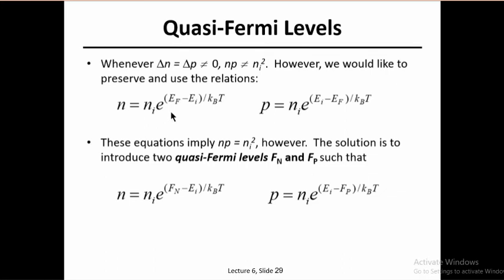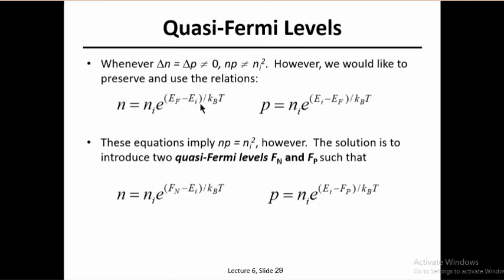We will say that these relations will always be preserved and we'll use them. So n still equals ni e to the (EF minus Ei) over kBT, and p equals ni, which is pi, the same thing, e to the (Ei minus EF) over kBT. When I write i, it means Fi, the intrinsic Fermi level.